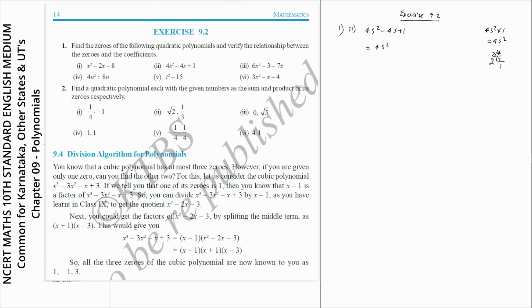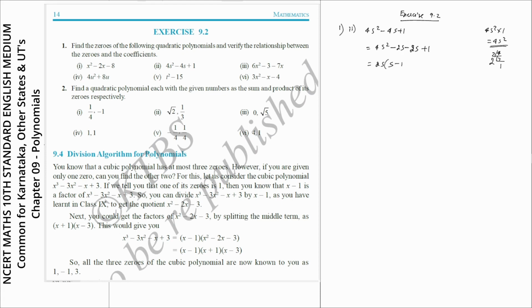So now the middle term I can split as minus 2s minus 2s. So minus 2s minus 2s is minus 4s. Minus 2s into minus 2s, I'll get plus 4s square. So plus 1. So this is equal to, now in the first two terms I can take 2s as common factor.